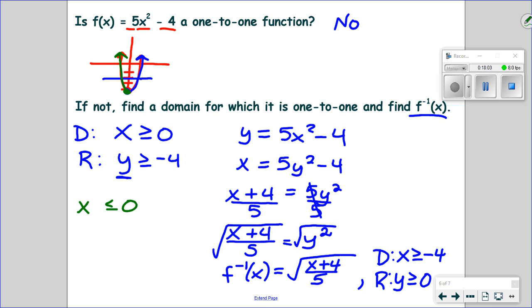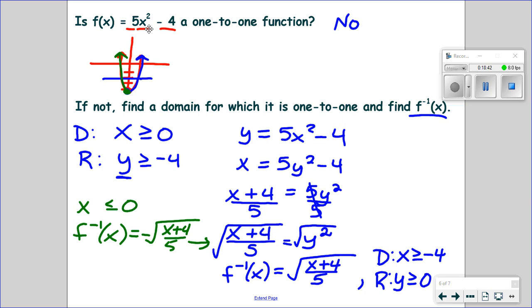So I could then find my inverse function, switch x and y, solve for y. But what would be different when we get to this step here and we square root both sides? Instead of taking the positive square root, we would have taken the negative square root. Okay, so you do have options sometimes when you're limiting that domain. But it might, like it did in this case, make a slight change when you find that inverse function.